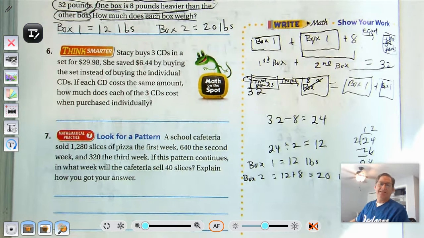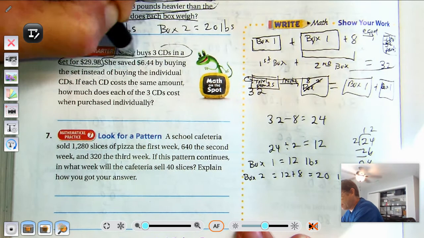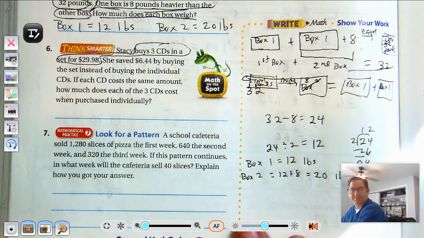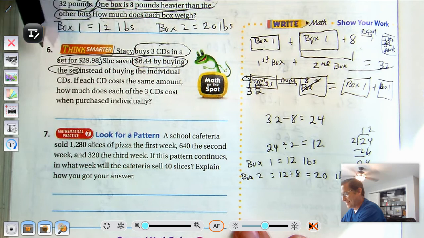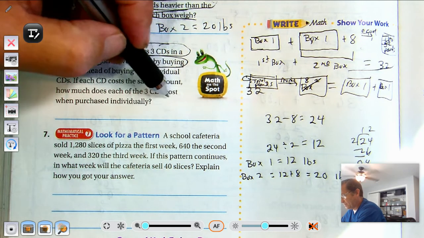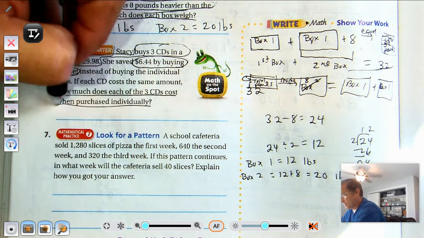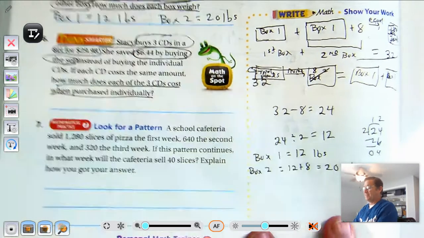All right, number 6. Stacy buys 3 CDs for $29.98. She saved $6.44 by buying the set. If each CD costs the same amount, how much does each of the three CDs cost when purchased individually?